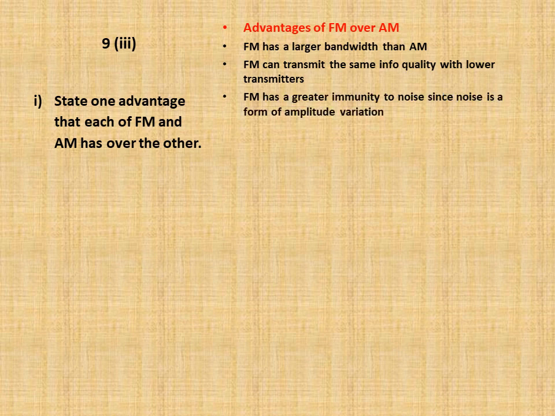Frequency modulation has a greater immunity to noise since noise is a form of amplitude variation. Frequency modulation has improved signal-to-noise ratio with respect to man-made interferences over amplitude modulation.